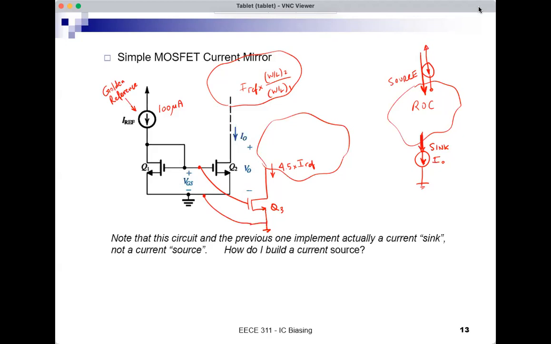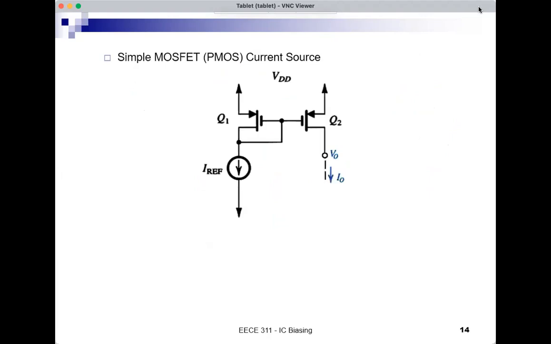What if we connect it to the supply so that we can get current from the supply in the direction of the circuit, and maybe using P MOSFETs, we can do that. So in fact, I can use P MOSFETs as shown here to build a current source that sources current into the rest of the circuit.